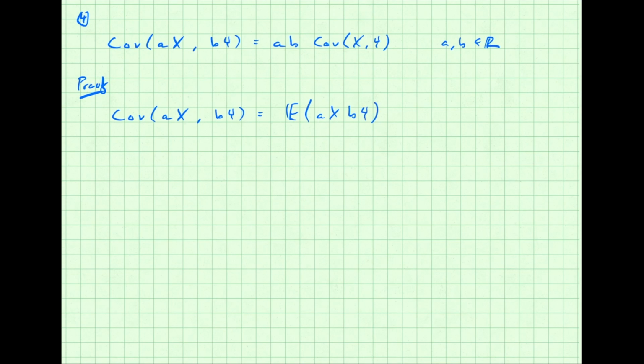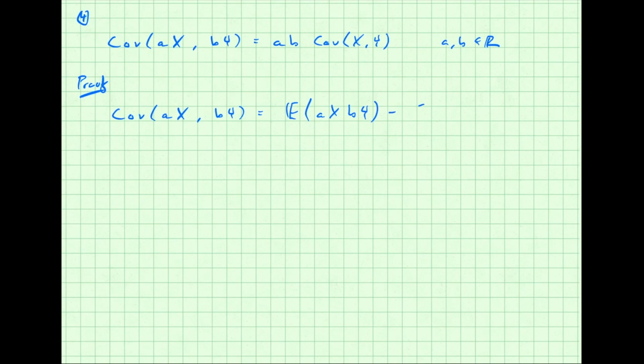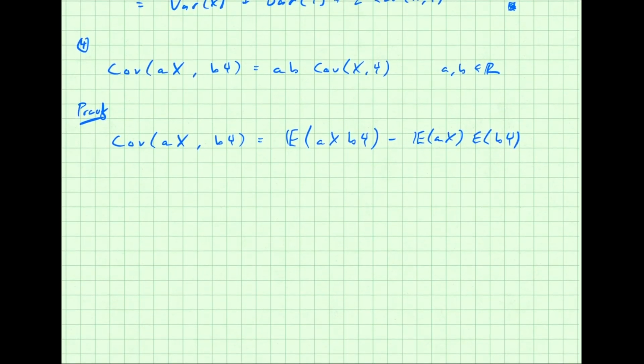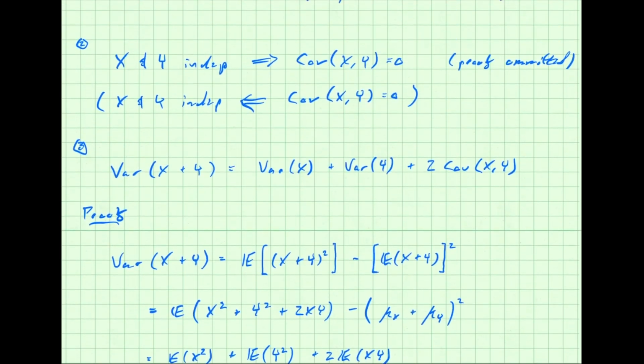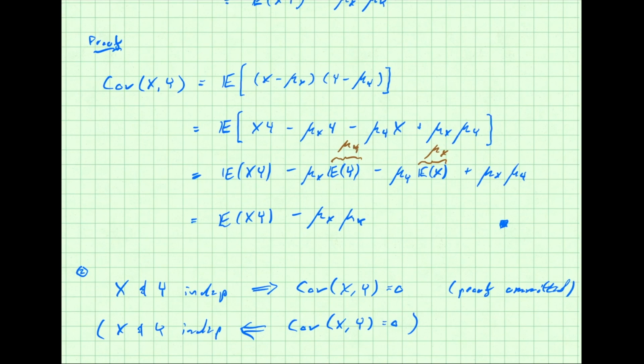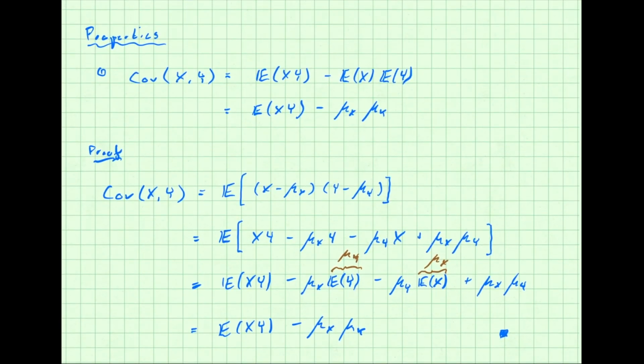So the expected value of the product of the two different things minus the expected value of A times X times the expected value of B times Y. So which property did I just use there? I think that was the first one up here. Yeah, that's this guy here. Right, so I just used that property there.